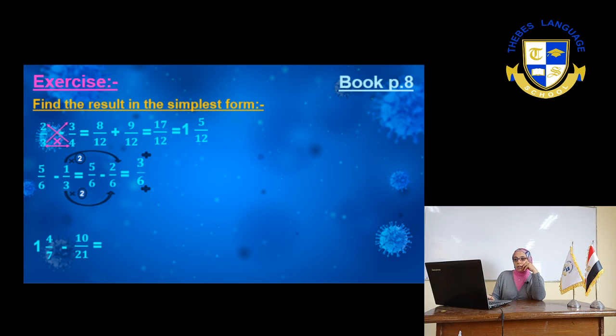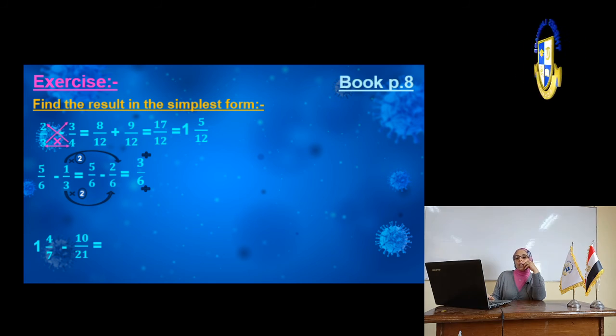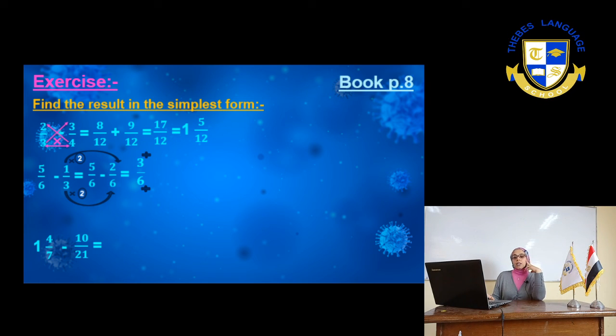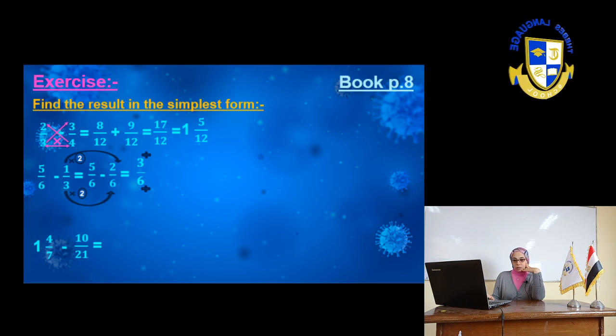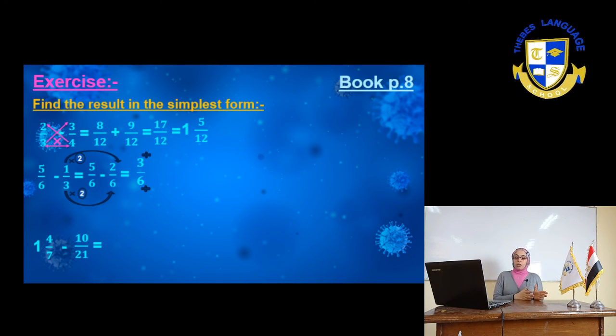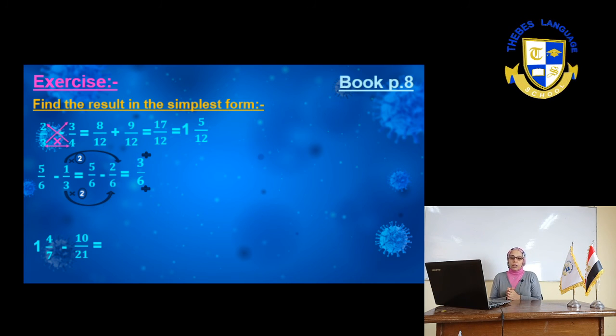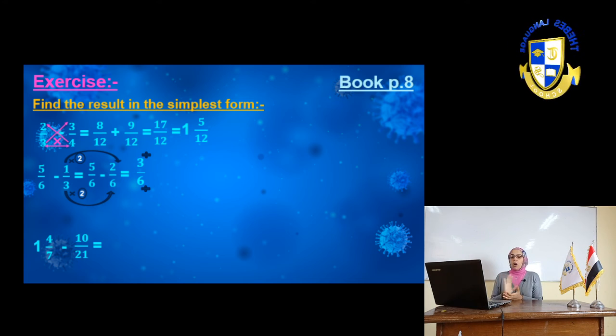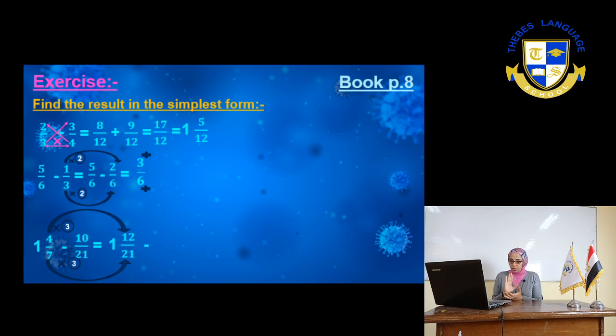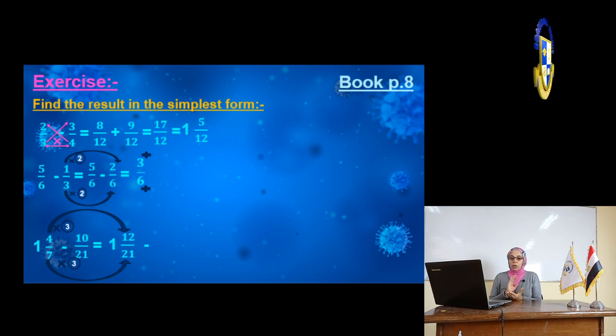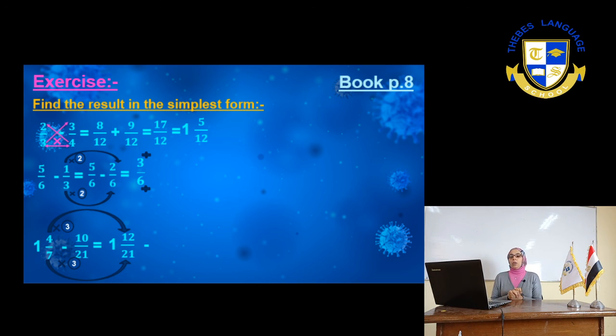Now the last question. 1 and 4 over 7 minus 10 over 21. Go to the smaller denominator, 7. Can 7 become 21? Yes, by multiplying it by 3. Put the whole number as it is, don't touch it. 4 times 3 equals 12, and 3 times 7 equals 21.